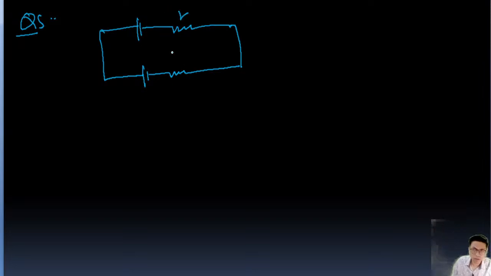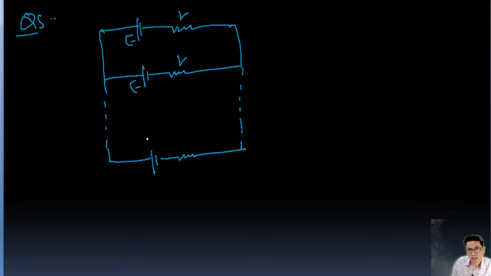This is R, this is R, this is E, this is E. They are in parallel and there are n cells in parallel, and resistances are in parallel. So these are n times.